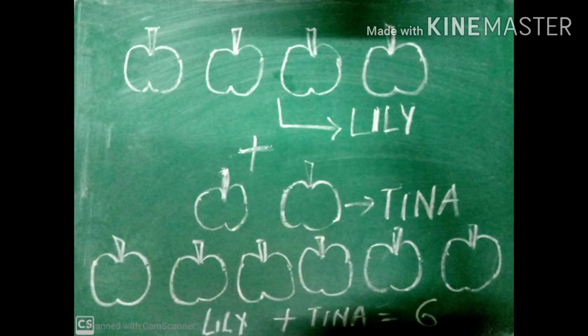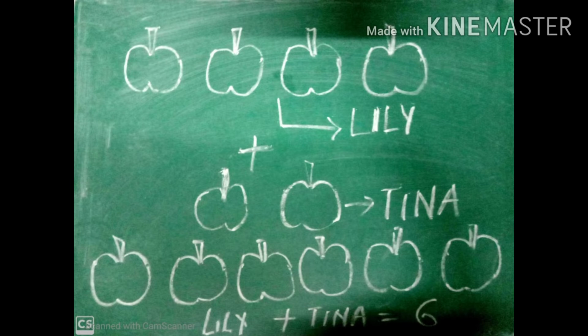Over here, 1, 2, 3, 4 apples of Lily. What is the sign of addition? Yes, plus. Then 2 apples of Tina. Now if we add them, let's count: 1, 2, 3, 4, 5, 6. Now let's draw 6 apples again.